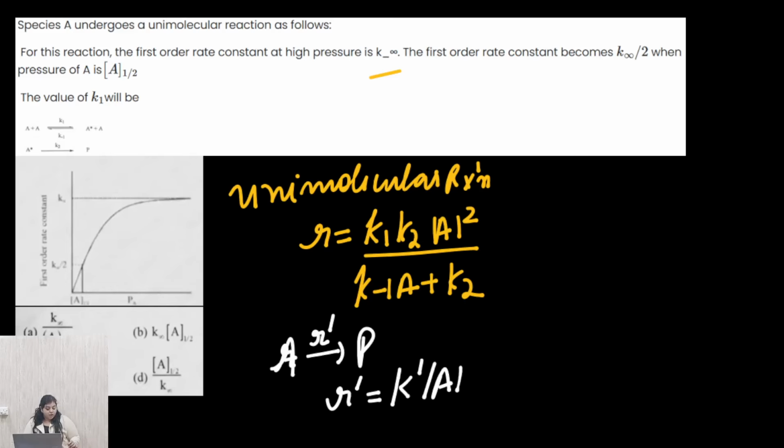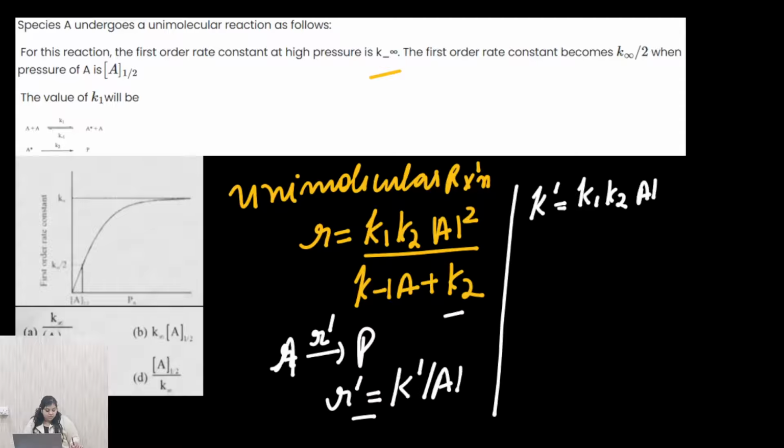Now if I compare these two, because both are rate expressions, we can get the observed rate constant K dash, which is equal to K1 into K2 into A upon K inverse of A plus K2.